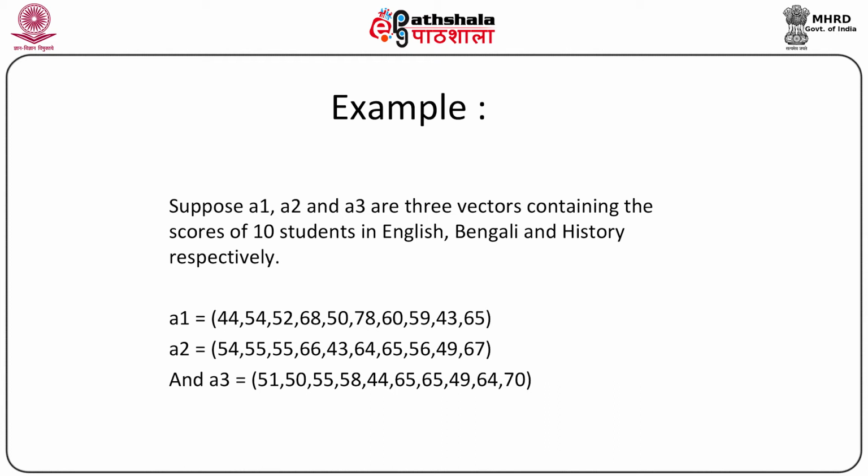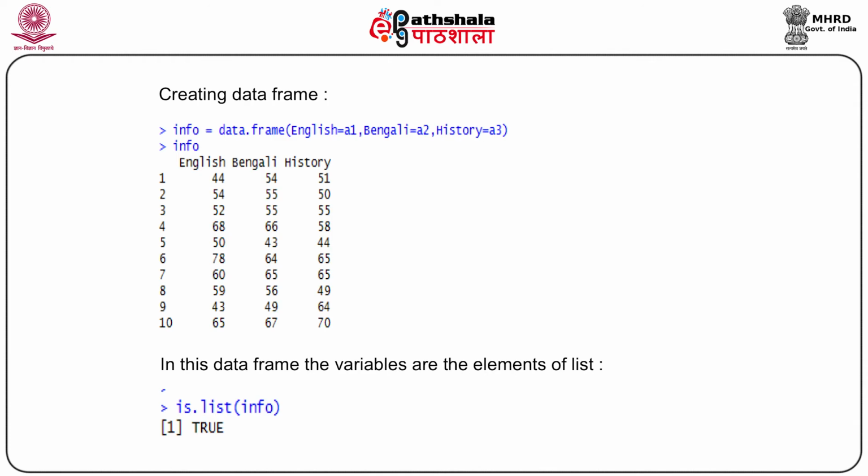So basically A1, A2 and A3 are three vectors, each of length 10, and the values are given here. Here we are creating the following data frame which contains the marks of English, Bengali and history of the 10 students.